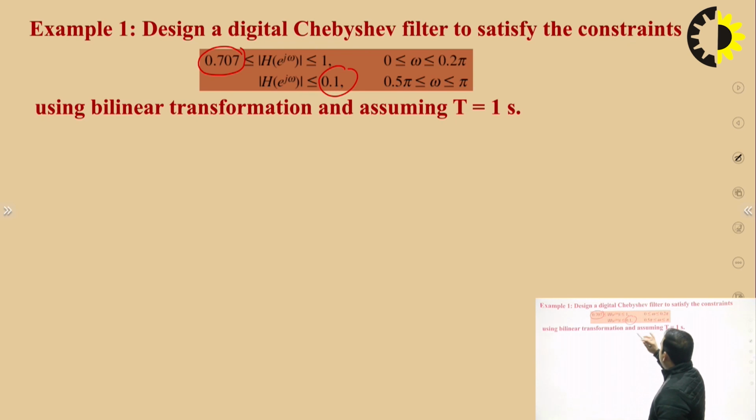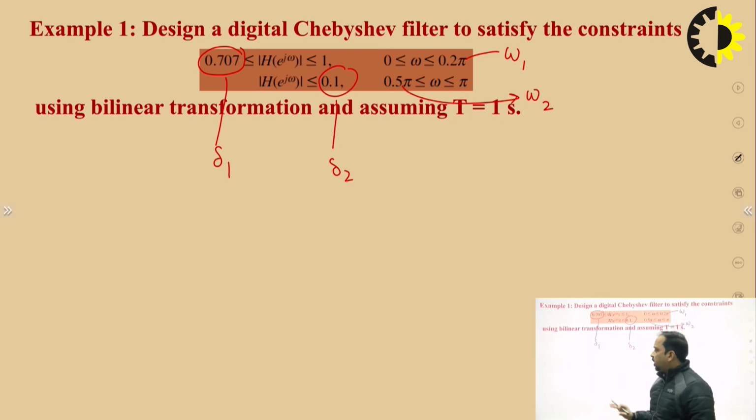Clearly we are already aware that this is delta 1, this is delta 2, this is omega 1 and this one is omega 2. So these are clear from these specifications.